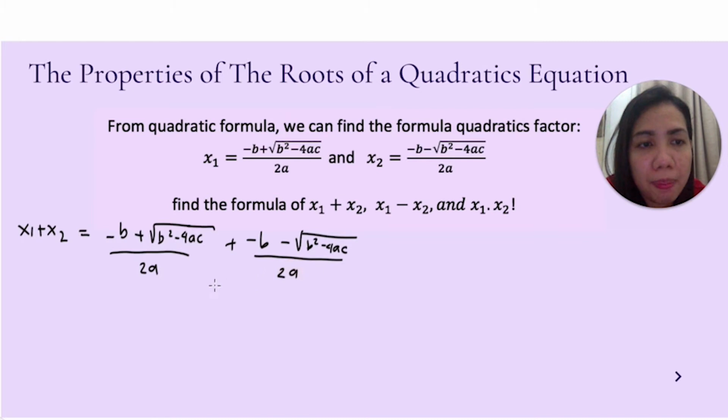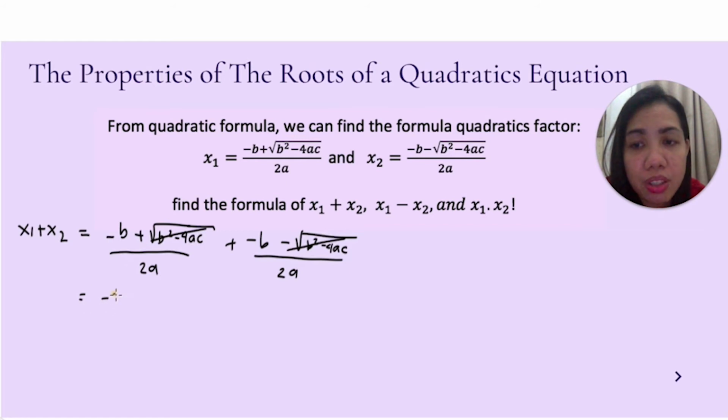Because in here we have two fractions with the same denominator, actually we can just operate the numerator of those fractions. In here we have plus the square root of this, and in here we have minus the square root of the same thing. Actually, we can simplify this to equal 0, and then we operate this minus b and minus b.